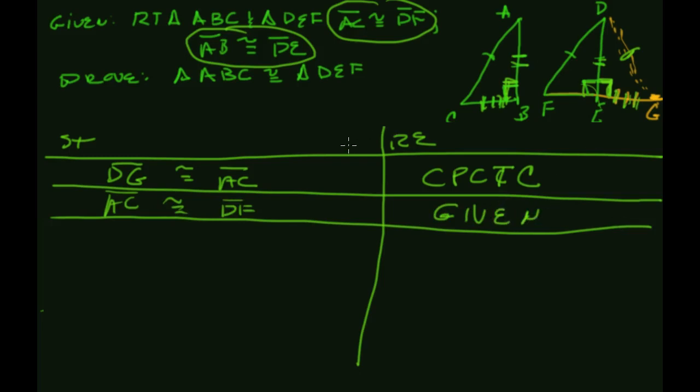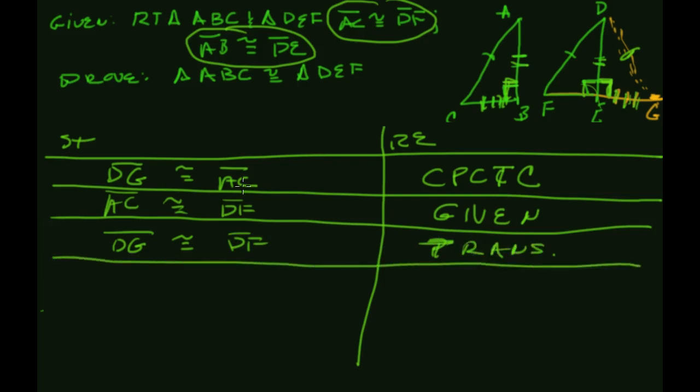Okay, so what do we got here? We have DG congruent to AC, AC congruent to DF, which means that DG is congruent to DF. That's the transitive property, right? If A is congruent to B and B is congruent to C, then A is congruent to C. That's the transitive property.